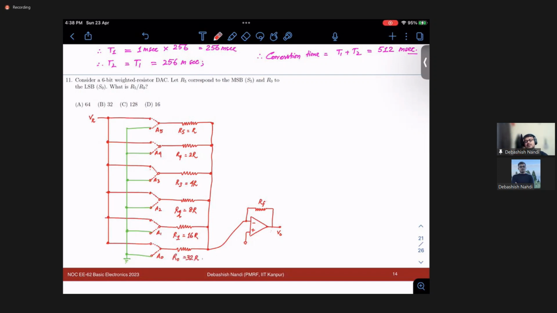Okay, so this is the diagram of your binary 6-bit weighted resistor DAC.